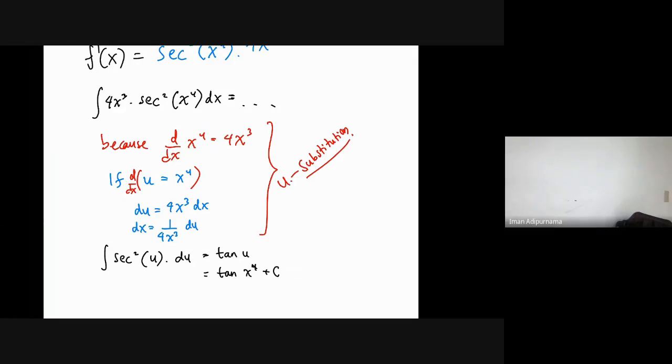Usually we'll be using u, but you can change it with any other variable. So the part which you will substitute is based on chain rule relations between all the elements in the integration.